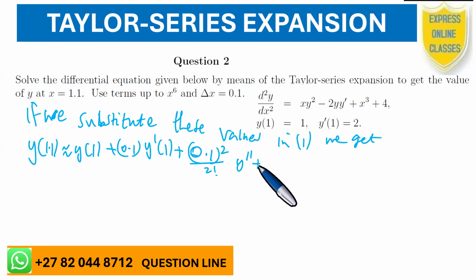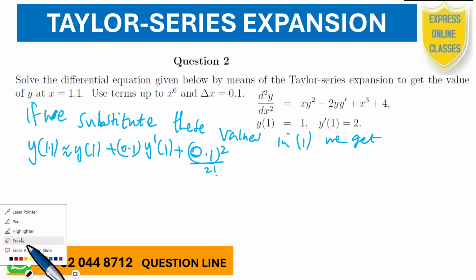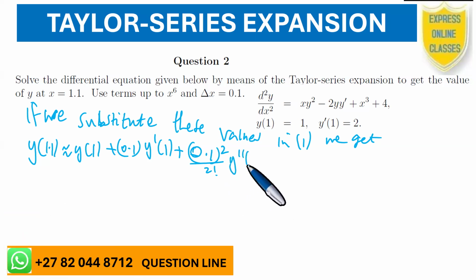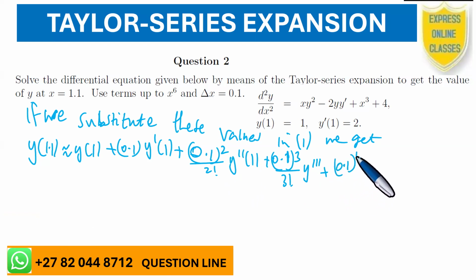So we have plus y double primed at 1, and then you have 0.1, you cube it, 3 factorial, 0.1 to the fourth. So now at 1, this one, but also this one, you calculate it at 1.